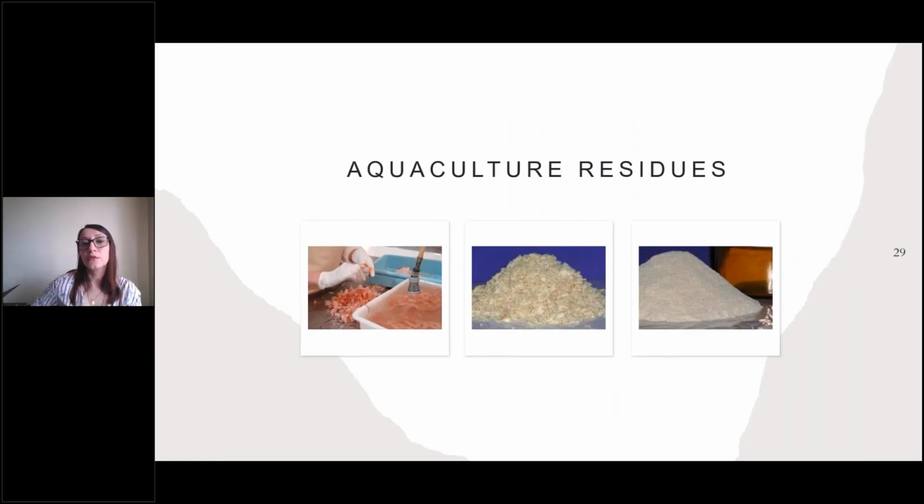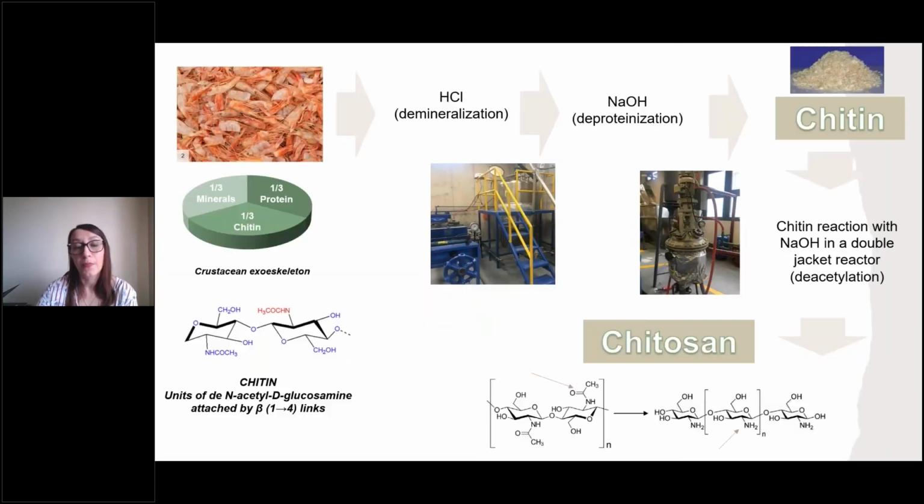Finally, I'm going to talk briefly about aquaculture residues. Mainly, we work with the shrimp shell that becomes a residue in the aquaculture industry because the shrimp is exported without the shell. We apply on it first extraction of chitin.